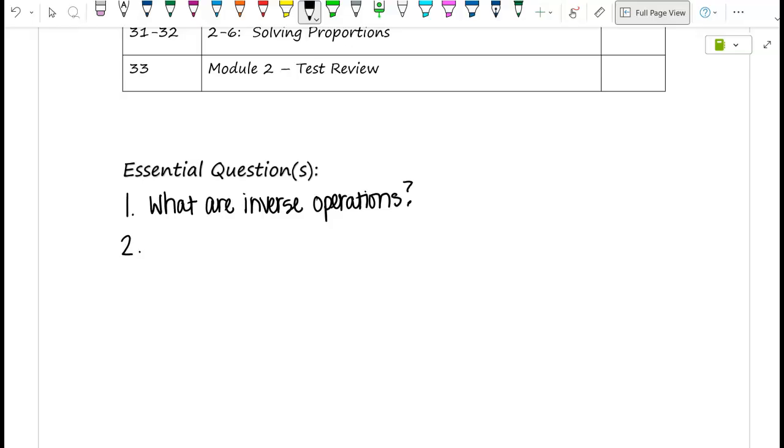Our second question, how do you solve equations? Question number 3, what does absolute value mean?